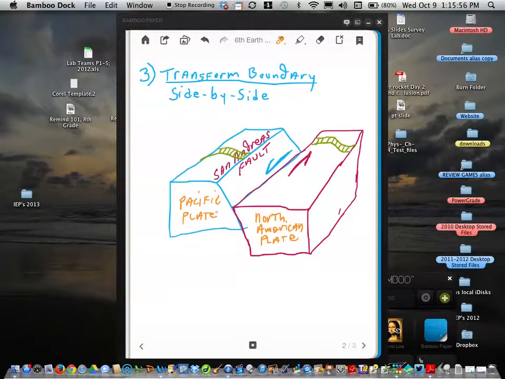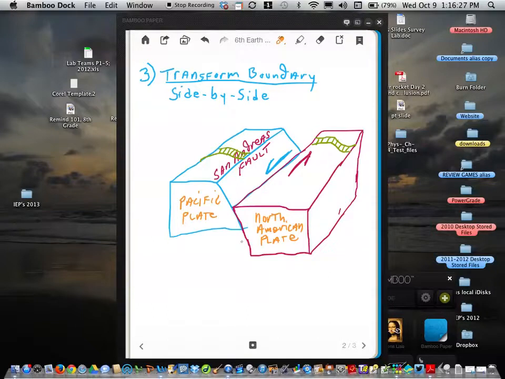And in fact, where you have the San Andreas Fault in our area, there's a little bit of movement that is divergent or coming apart. That's where this part comes in, this part right here. Right there, because it pulls apart, it pulls the two plates apart, but it's also going side by side at the same time.